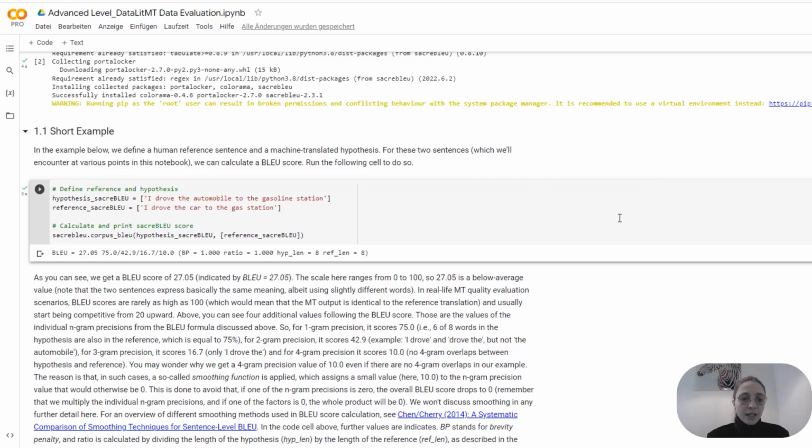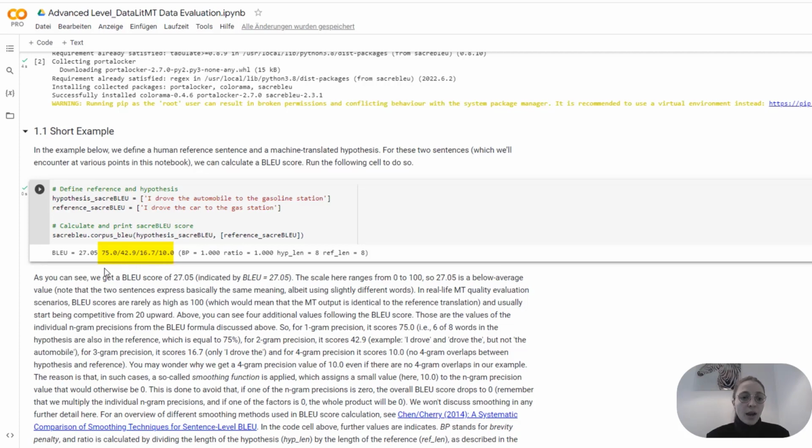So what we can see here, as well as some more information, is that we get a brevity penalty of 1, so it is not penalized in this scenario. And that is the case because we can see that the hypothesis and the reference sentences both are of equal length. So they both have 8 words. So there's no penalization here. And then here, these values are the n-gram comparisons.